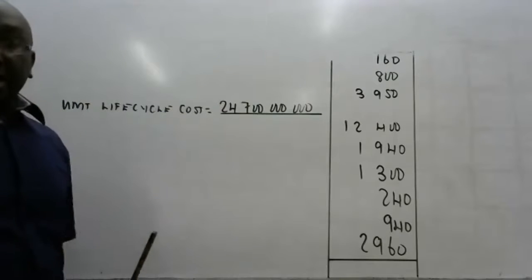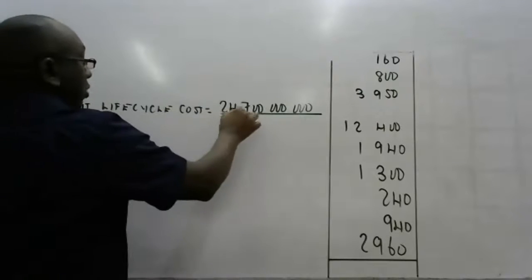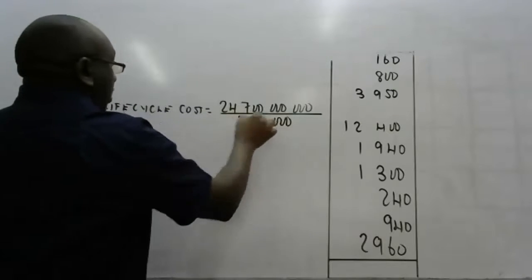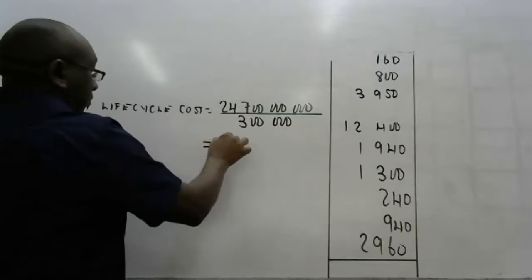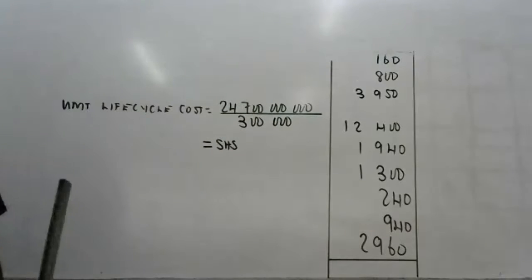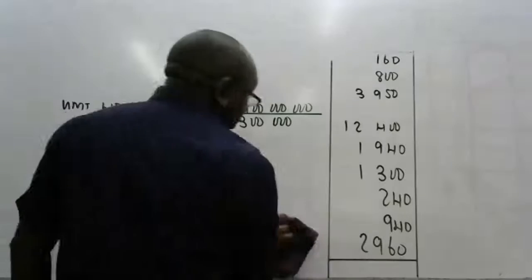So we take it back. So this one you divide by all the units, 300,000. You divide by the units.